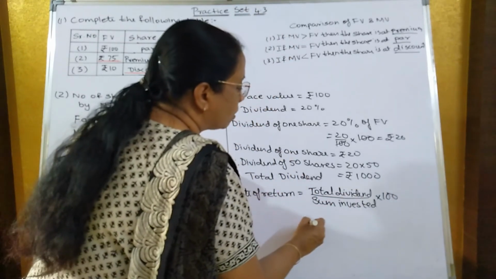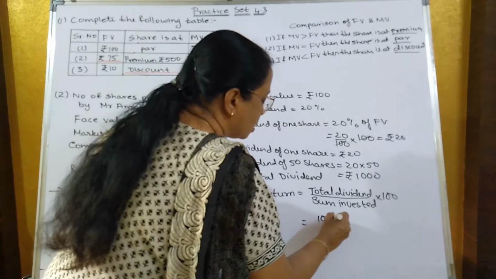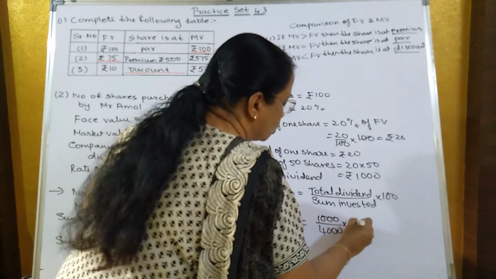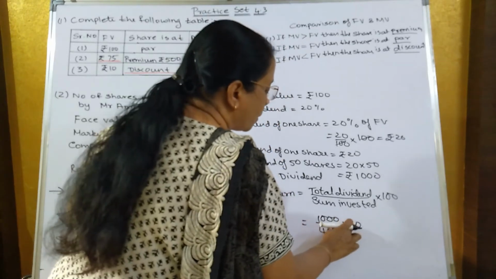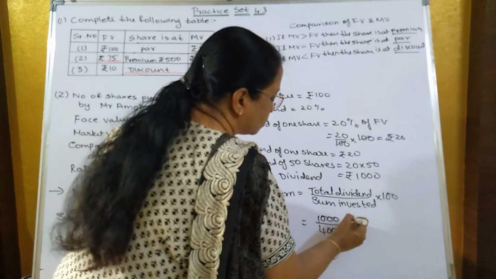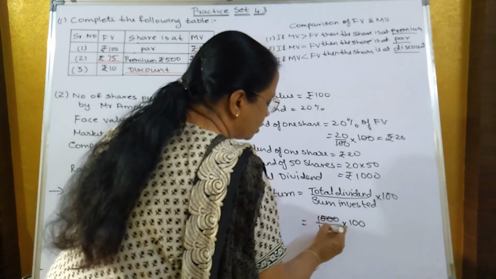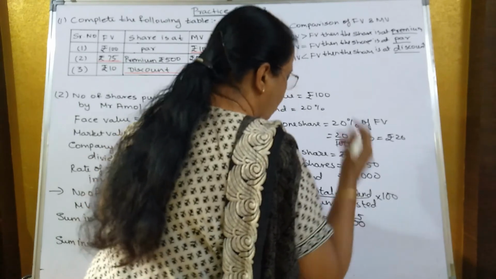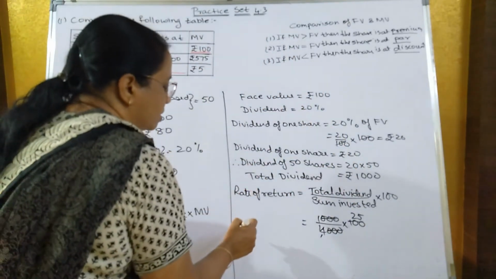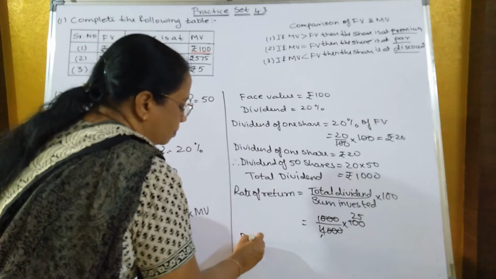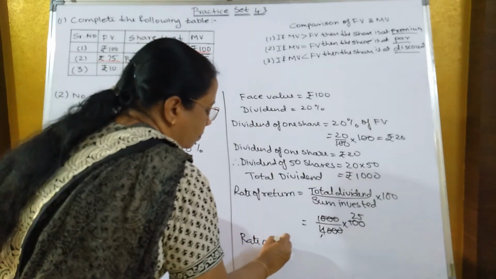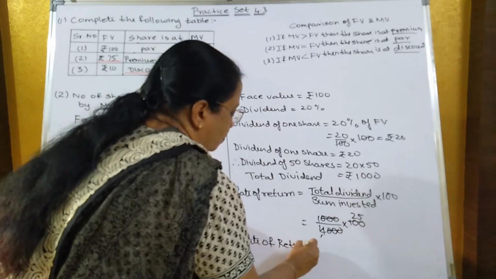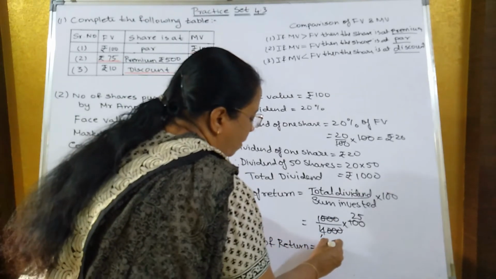So that is equal to total dividend, which is 1000, upon 4000 into 100. So these 3 zeros will get cancelled. 4 ones are 4, so 100 upon 4 is 25. So rate of return is equal to 25%.